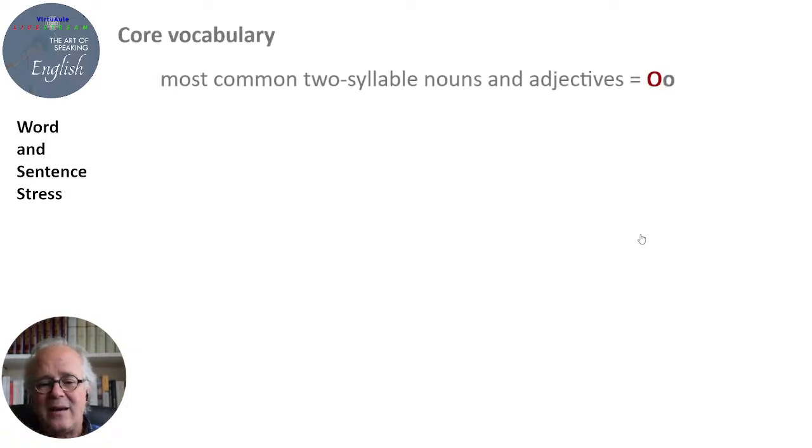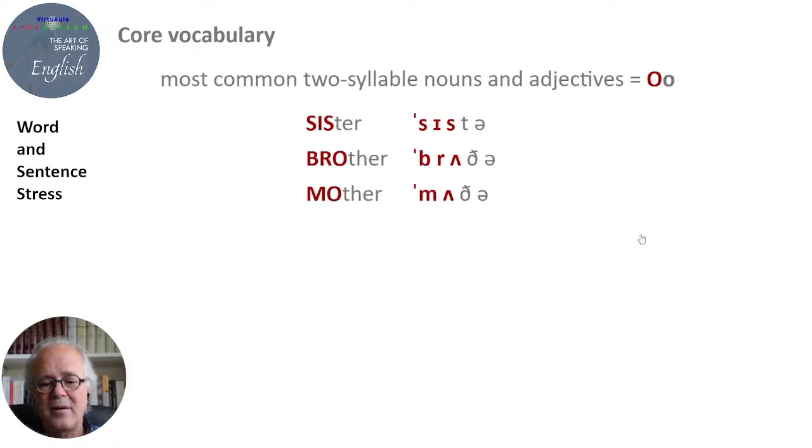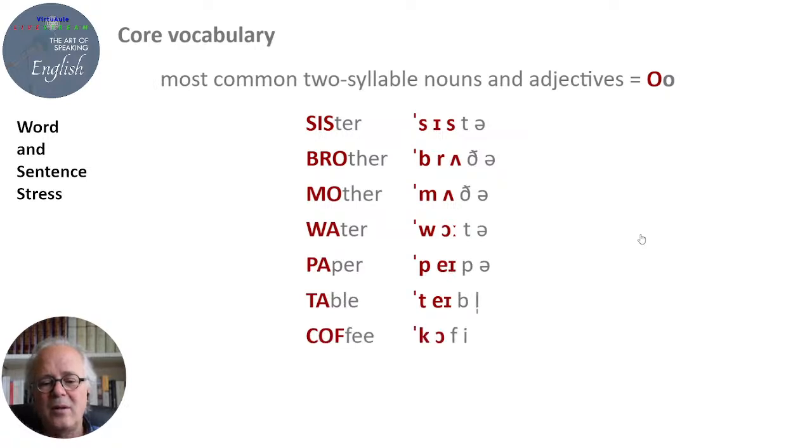Okay, let's look at core vocabulary. Many everyday words, especially nouns and adjectives that are 2 syllables, generally have the stress on the first syllable. Okay, this is a pattern. It's not a rule, but words like sister, brother, mother, water, paper, table, coffee, lovely.